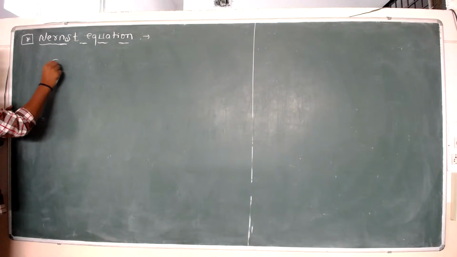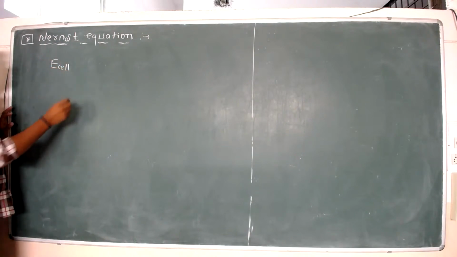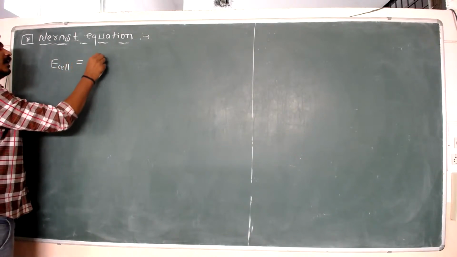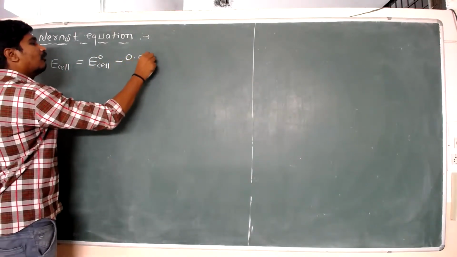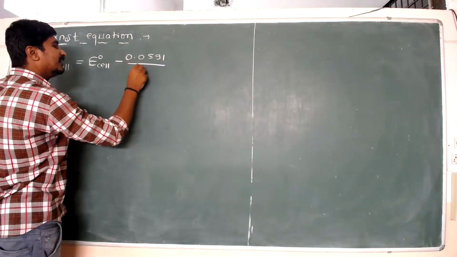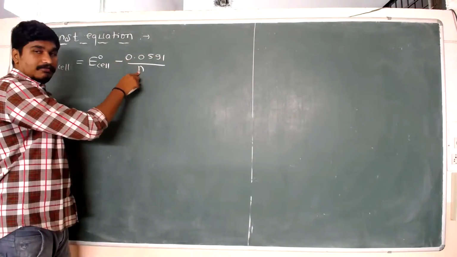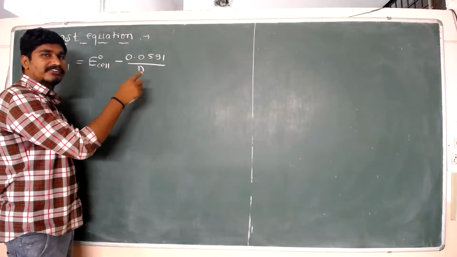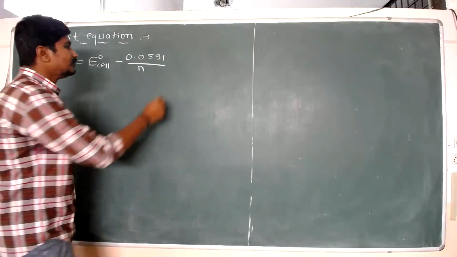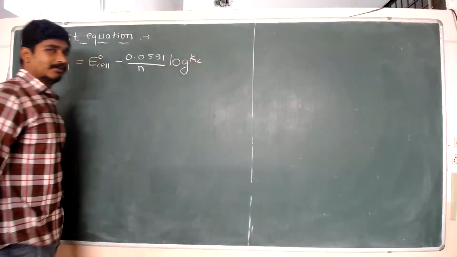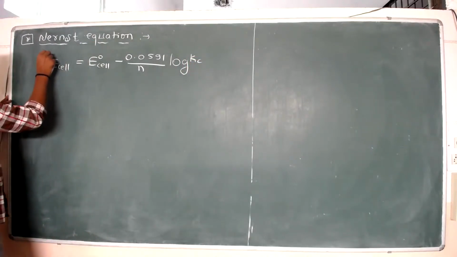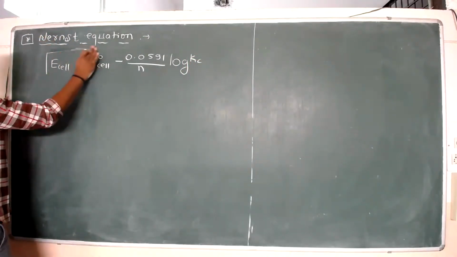What is the equation? Just remember, very important. E cell is equal to E naught of cell minus 0.0591 by n. What is n? We will discuss later on. n means the number of electrons involved in the reaction. Log Kc. Kc means what? Equilibrium constant.